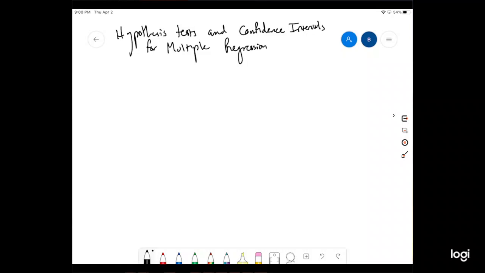Suppose we have the following model: y_i equals beta 0 plus beta 1 x1i plus beta 2 x2i plus, let's go out to beta k xki, plus u_i. So we have k variables and k coefficients. Let's focus on maybe the second one. So let's write down some tests for the coefficient beta 2.